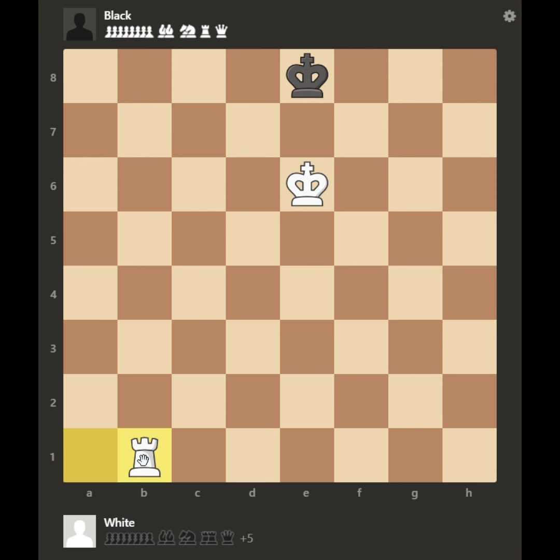Next step is, don't make the move on the board, only move in your mind. This will help your visualization. Only move the rook in your mind and say its notations in your mind. This will help you to improve visualization.